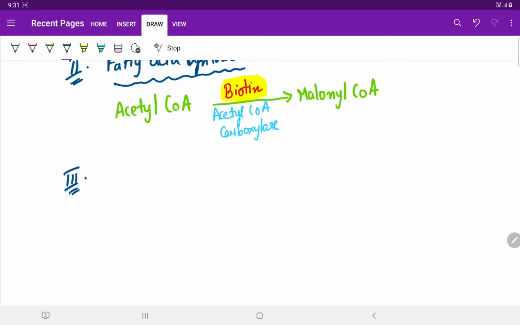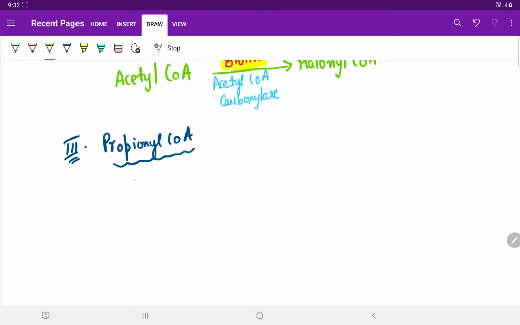Now the third important biochemical function is in the metabolism of certain amino acids such as valine, isoleucine, threonine. I will be highlighting a metabolite, that is propionyl coenzyme A. Its degradation is also governed by biotin.